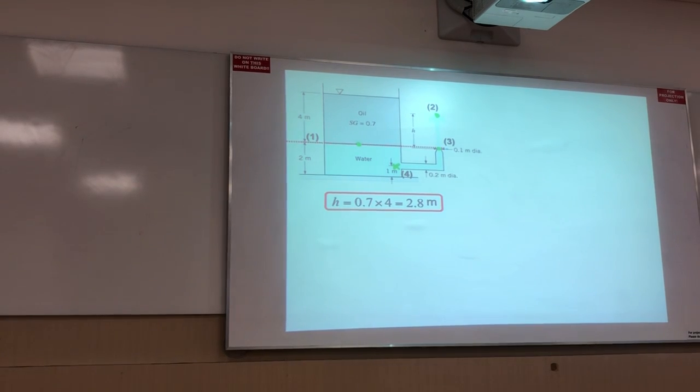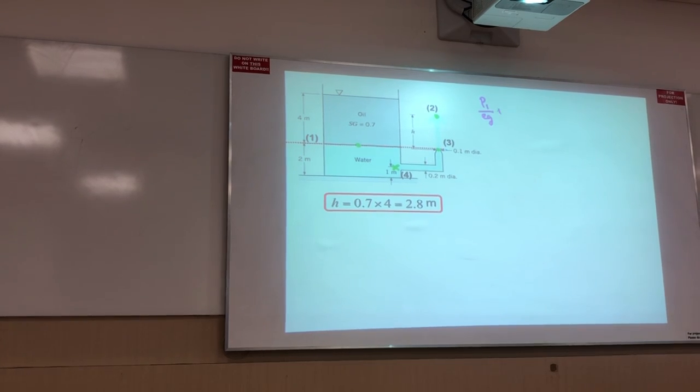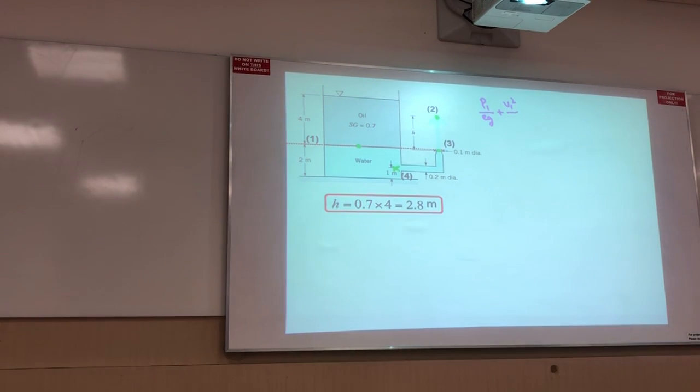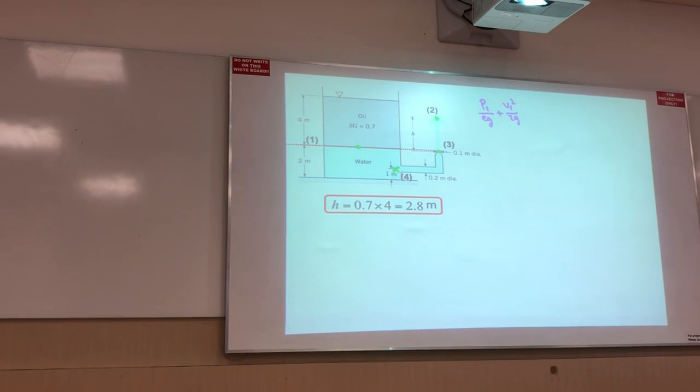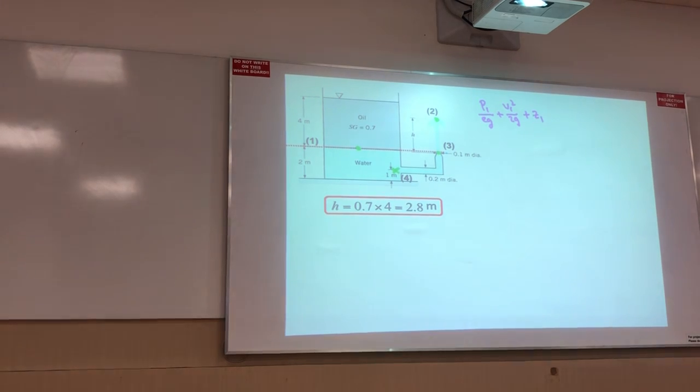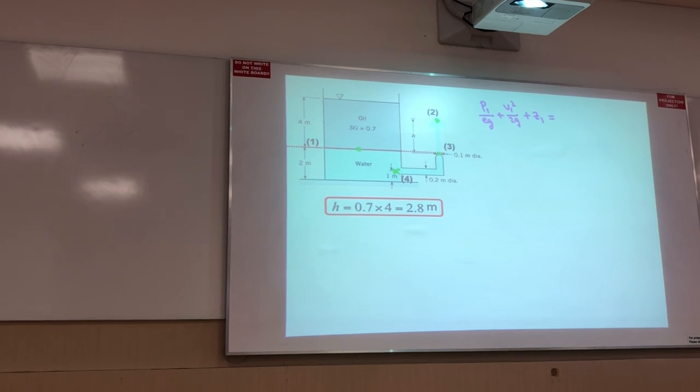You have to write P1 by rho g plus V1 square by 2g plus Z1. I do Bernoulli's equation between 1 and 2.